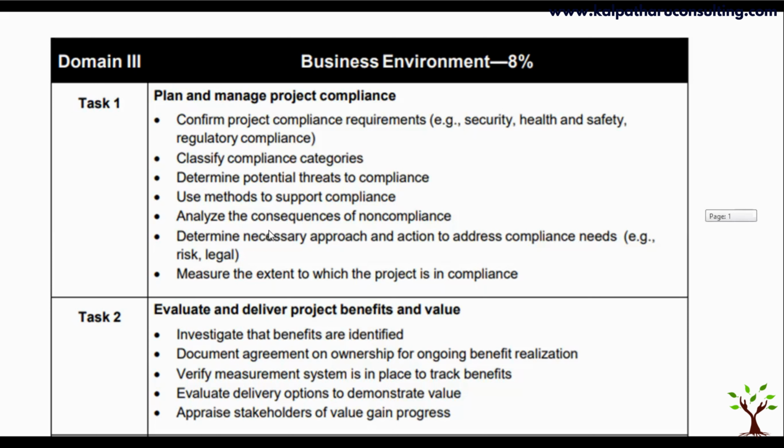You may also have compliance monitoring, where you systematically evaluate the compliance on an ongoing basis. You can do a compliance audit, again a systematic and independent evaluation of the compliance. How can you ensure your stakeholders and employees are aware of the compliance requirements of the project and the organization?